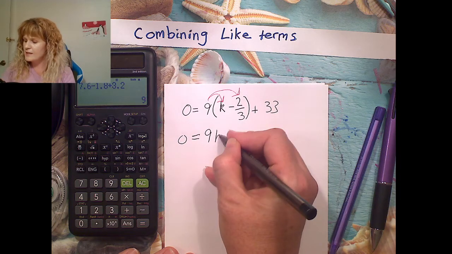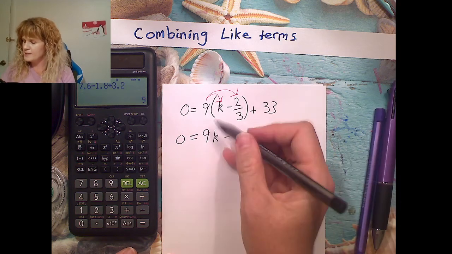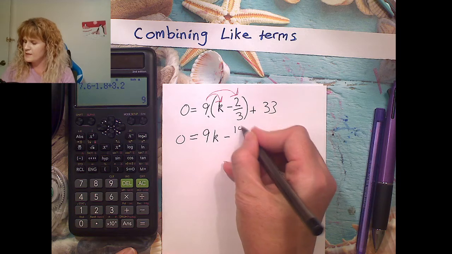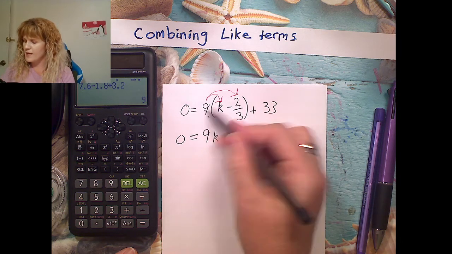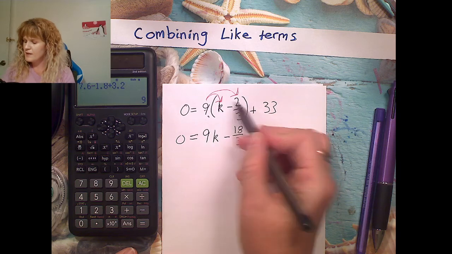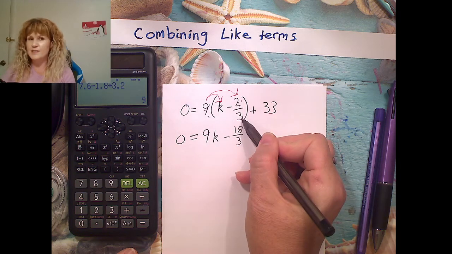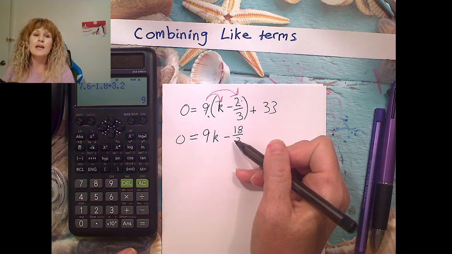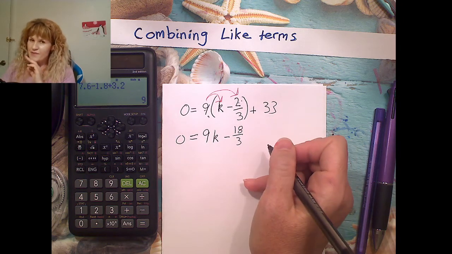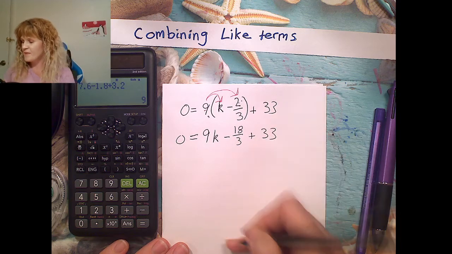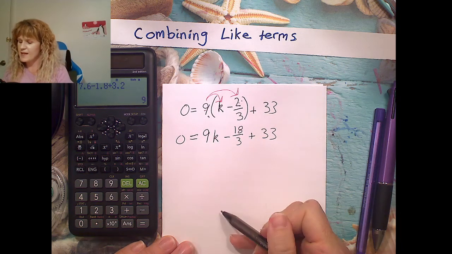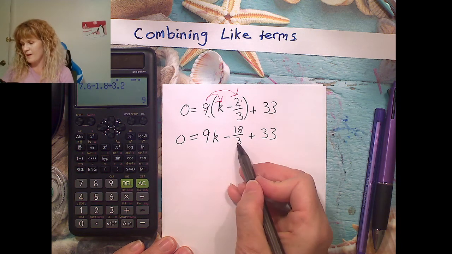I get 9k minus, and then 9 times 2 is 18 over 3. I'm just going to do it that way. 9 times 2 is 18, and I'll keep the division sign, divided by 3. It's a fraction that needs to be reduced, but I'll worry about that later. Okay, and the plus 33 stays. Now I'll worry about that fraction.